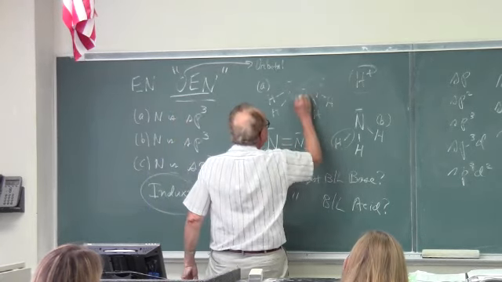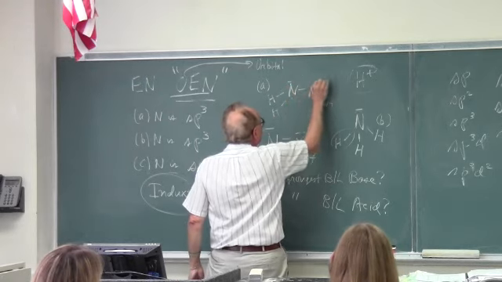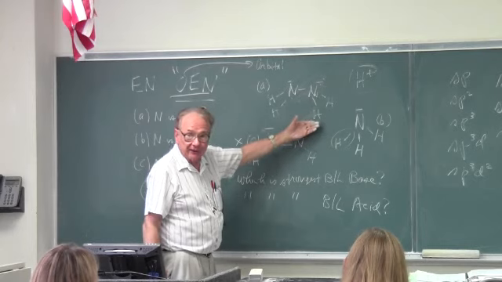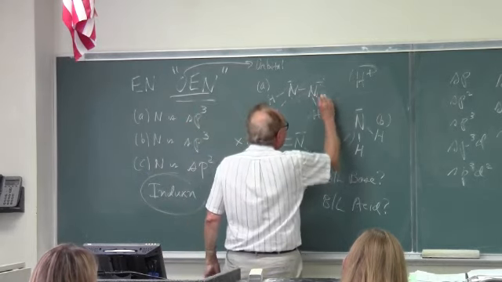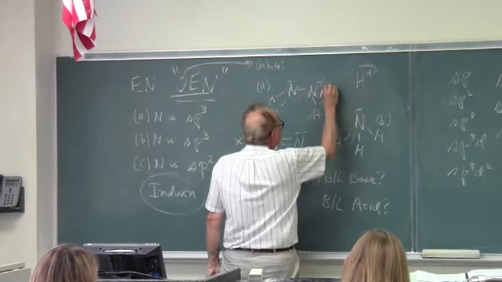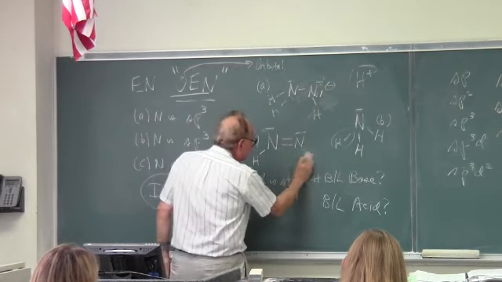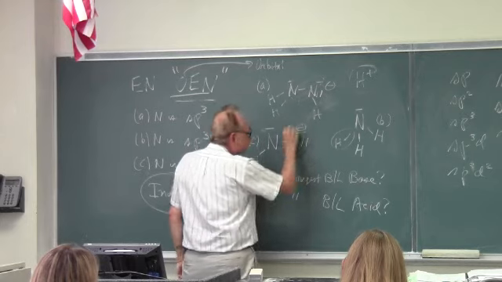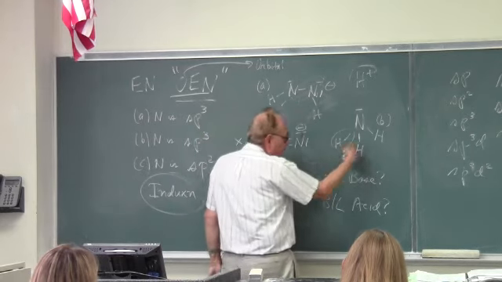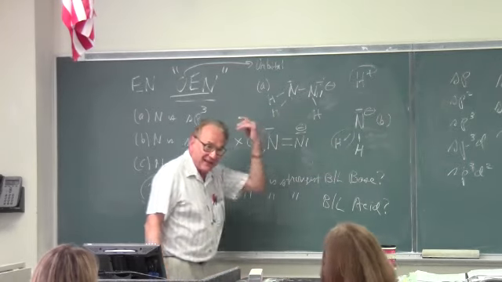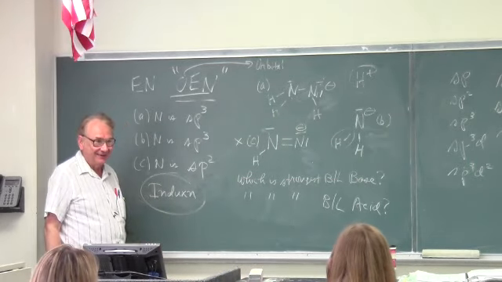Okay? These H's are all identical. So let's lose this one as H+. All right? That puts a minus charge on this nitrogen. Let's lose this as H+. That puts a minus charge on this nitrogen. Let's lose one of these as H+, putting a minus charge on nitrogen. Each case we got a minus charge on nitrogen.